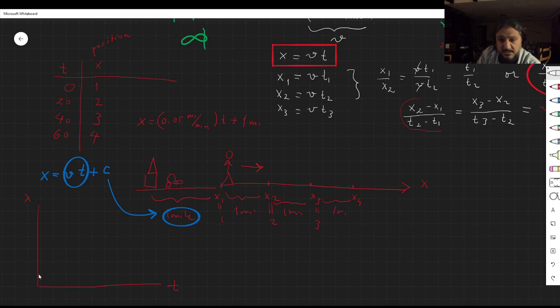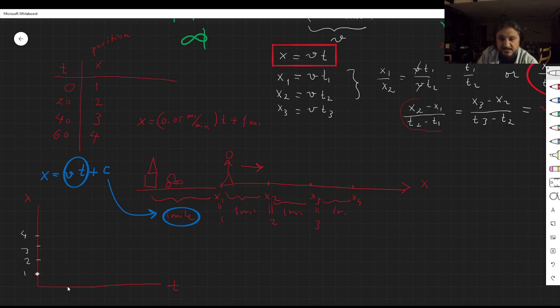Let this be 1, this is 2, 3, and 4, right? So when I start my stopwatch, I'm already 1 mile away from my home, so the first point is here.